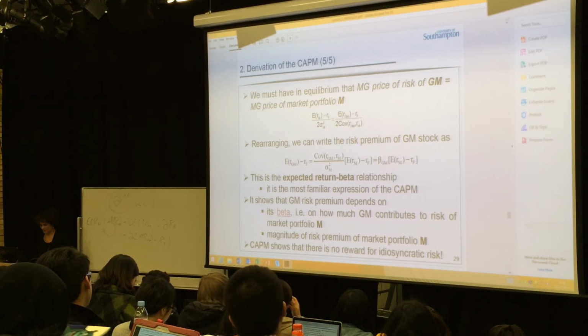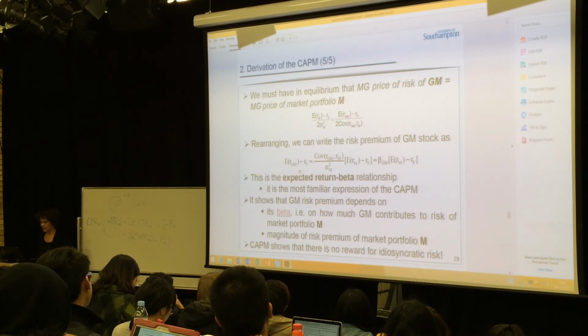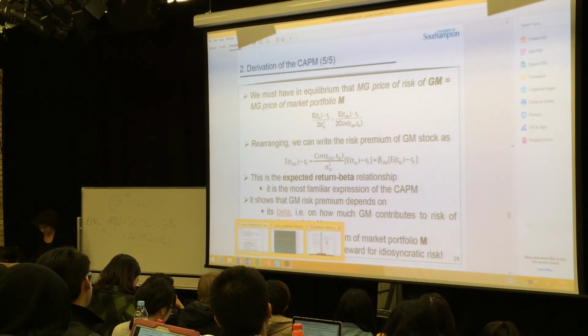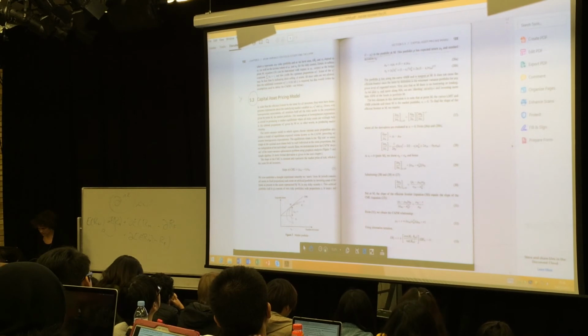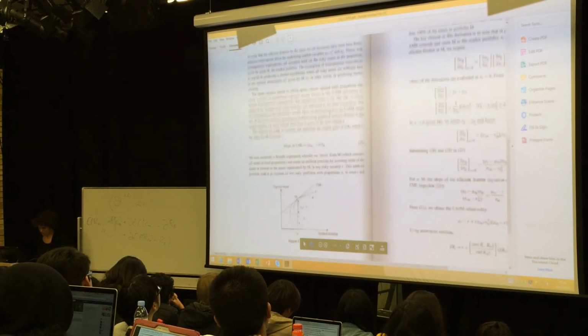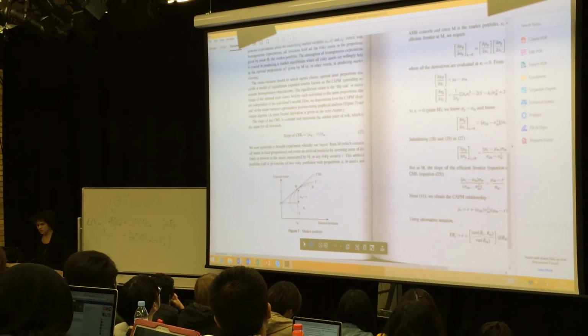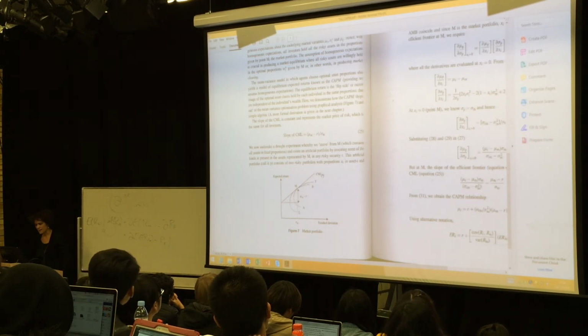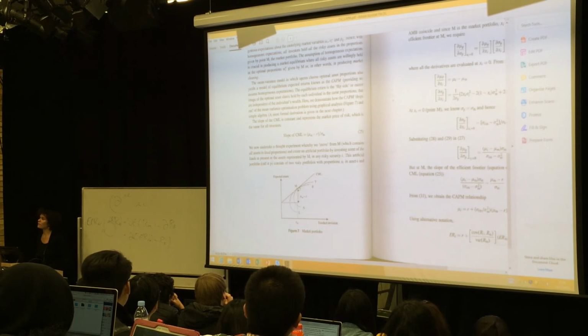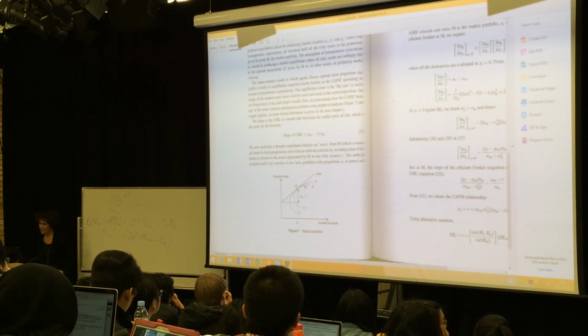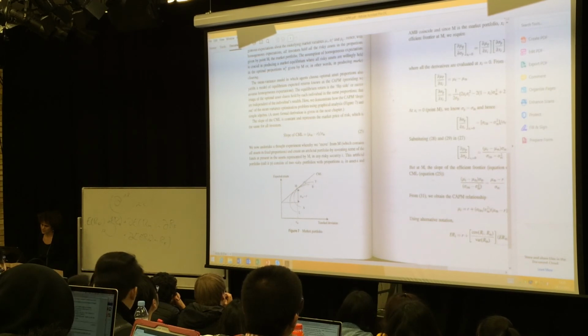So this means graphically that if your capital asset pricing model works, if this is your capital market line where M is your portfolio, if I invest a quantity in the risky asset, my frontier is going to be something like that. So I will have a frontier something like that.